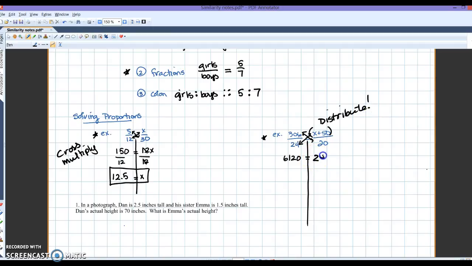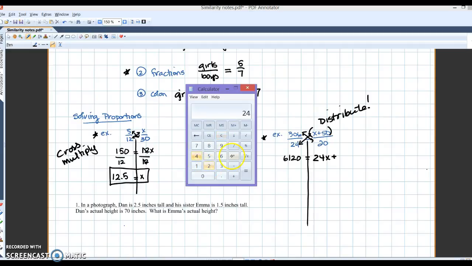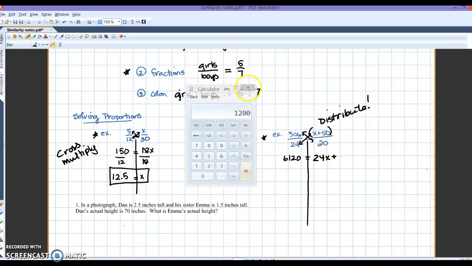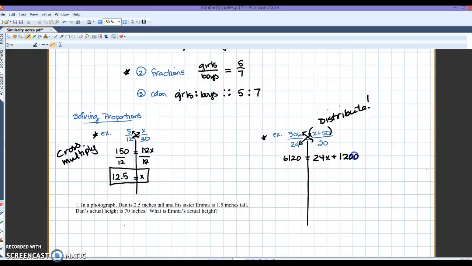So that would be 24 times x plus, grab my calculator, 24 times 50 is 1200. So now you have this nice little two-step equation that you can easily solve.